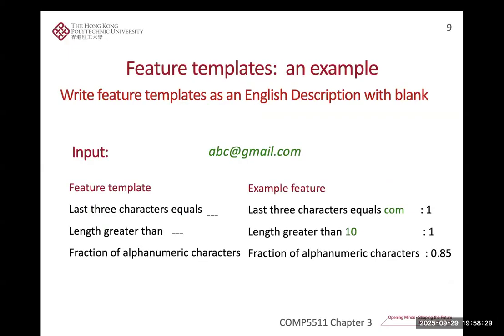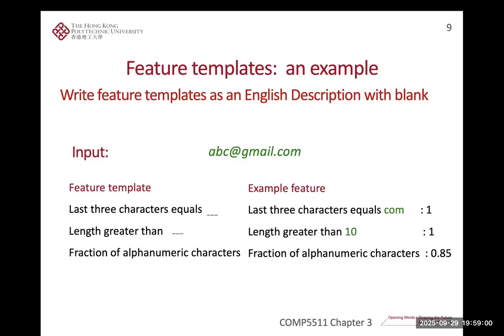Okay, so let's take a look at the example. Given this application, we have 3 different types of feature templates to define the features. For example, the last 3 characters equal to something, and we can have the feature equal to .com. Given this bunch of data, as long as the last characters equal .com, then the value of this particular feature is equal to 1.